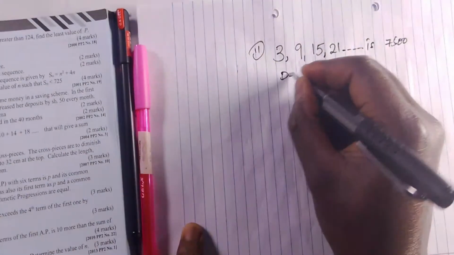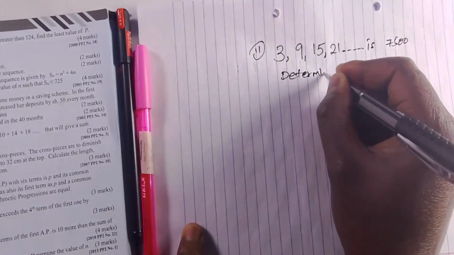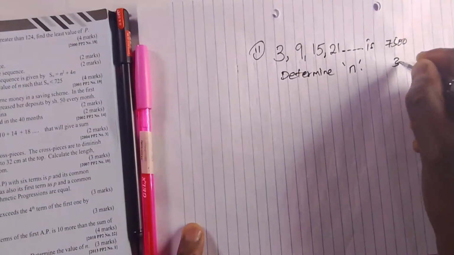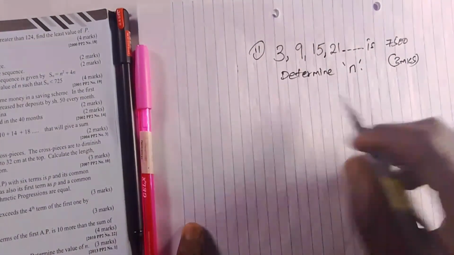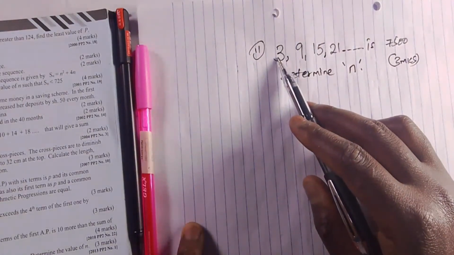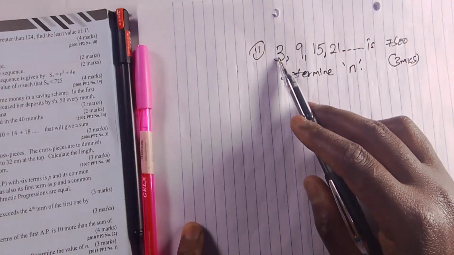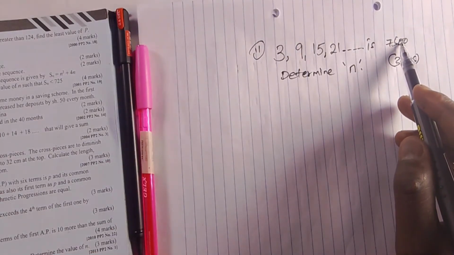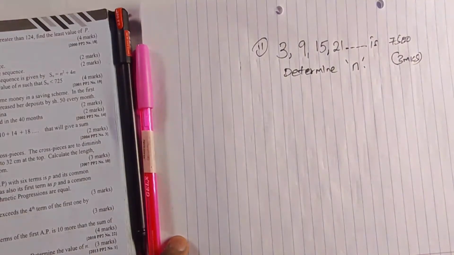Sasa tunaambiwa determine n. 3 marks. Wewe ukiona tu jina sum, the sum of n terms is 7500. Wewe uende uandike formula yako kama hujaambiwa.